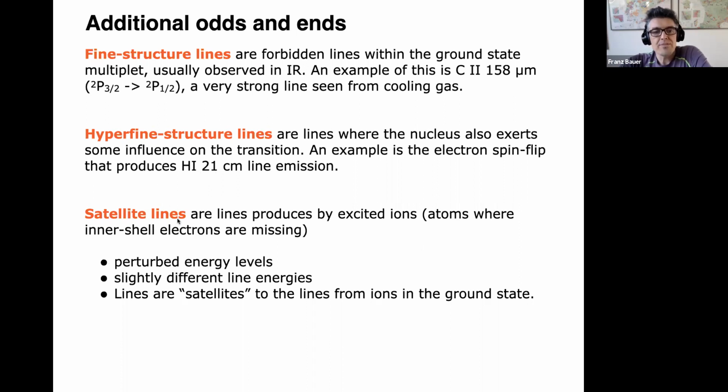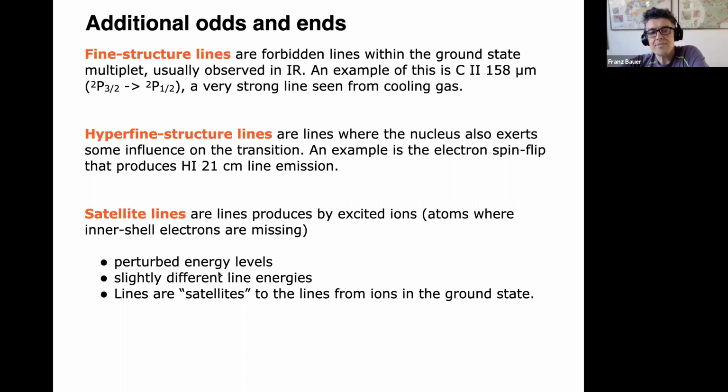And then finally, you have something called satellite lines. These are lines that are produced by excited atoms or excited ions. So you have an atom where you've excited something, and you have an inner shell which is missing an electron. And so you can have transitions from an upper shell to a lower shell to fill that in. These are typically perturbed energy levels.